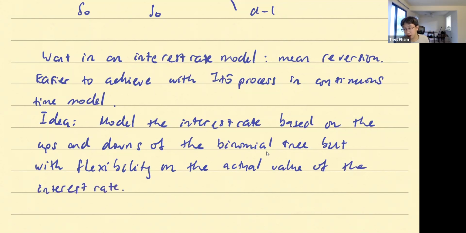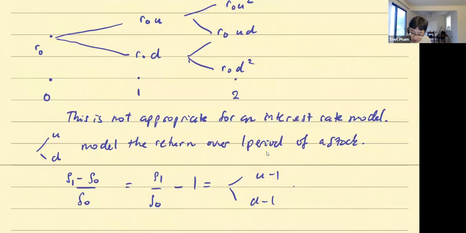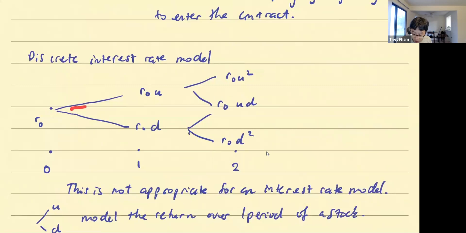Okay, you see what I mean by this. Let me demonstrate to you what I mean by flexibility. Basically what we want to say is we still want this tree to give us some idea about randomness, because here you see that up doesn't have to be rigidly interpreted as an up movement of something. Up is just like a coin flip that lands on the head.